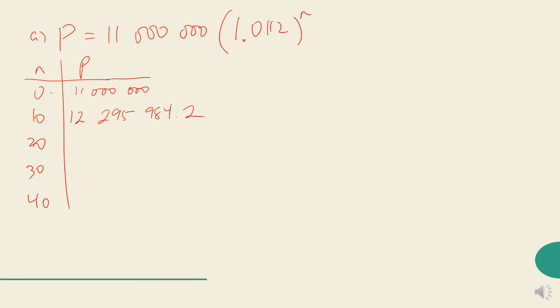Type it in your calculator. 13,744,656.9. Put 30 in. 15,364,007.6. And then last but not least, put in the 40. 17,174,144.9. And there's our table of values.